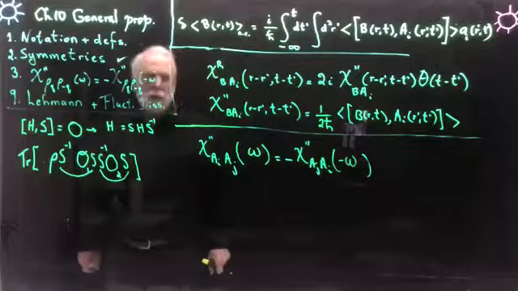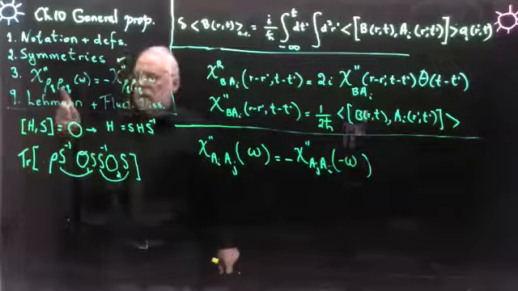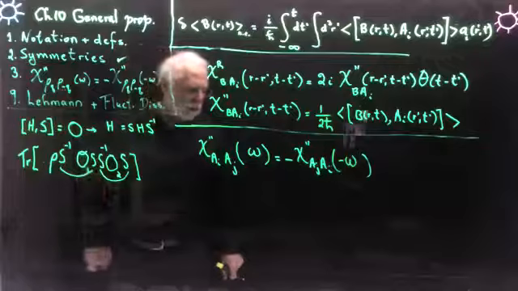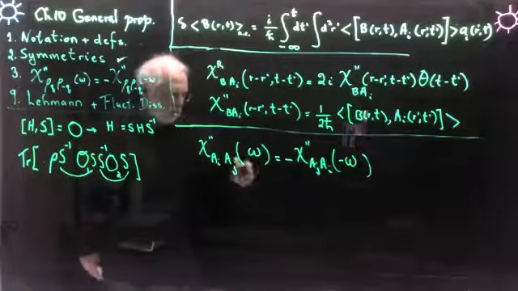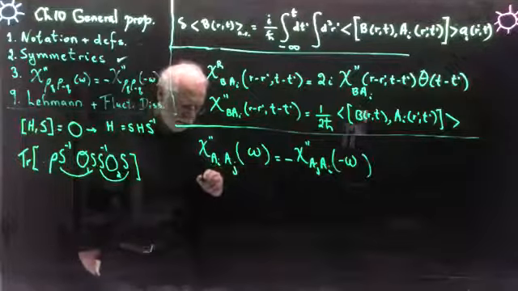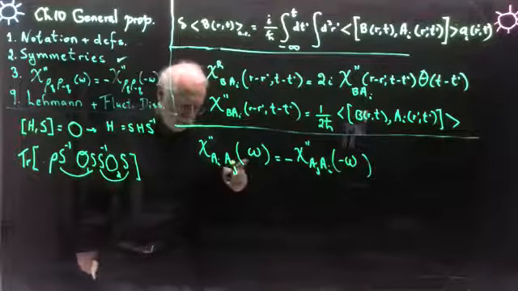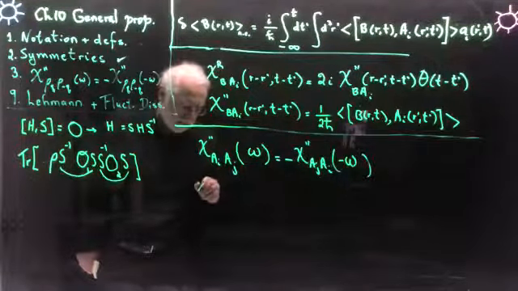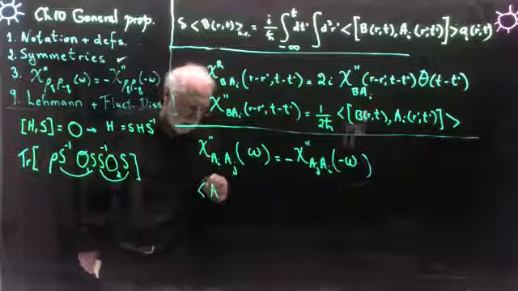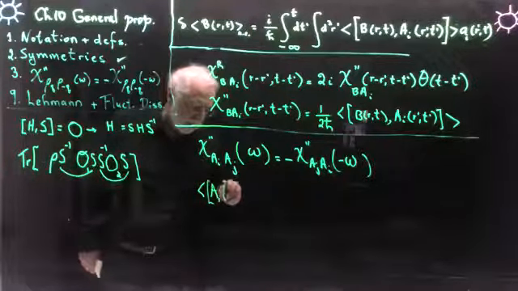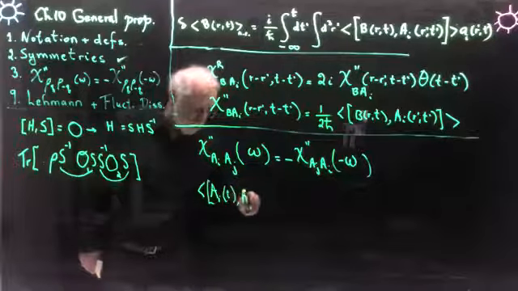Now I want to use this time reversal operation. Let's do it slowly. I have the commutator of AI of t, and let's put t prime equal to 0 to simplify, AJ.